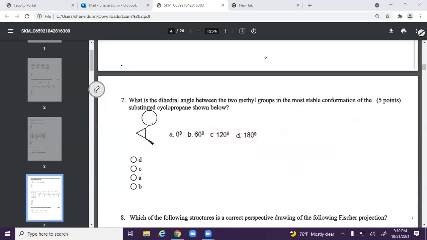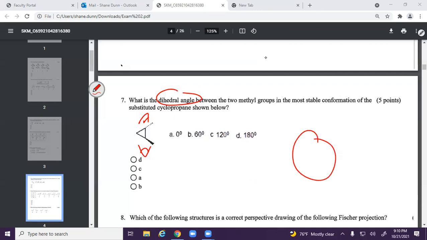Okay. It's asking for a dihedral angle. That means Newman projection. So which two carbons have the methyl group? Either look from this way or this way, it doesn't matter, because one's a wedge, one's a dash, right?